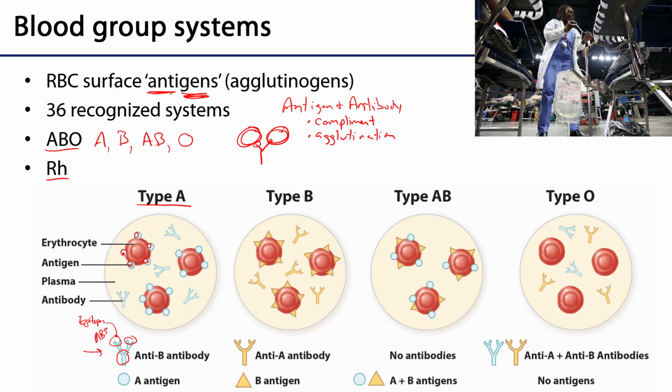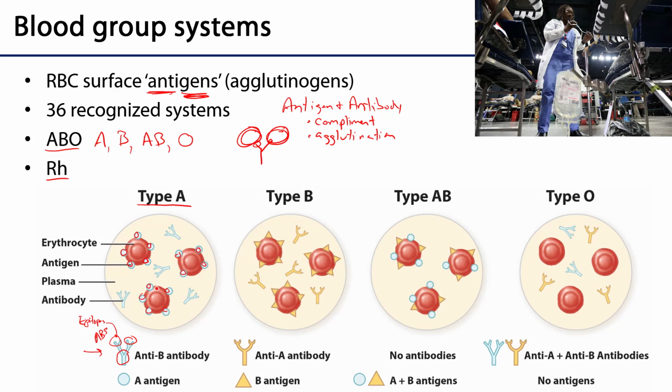And these antigens are actually glycoproteins, so they're associations of proteins and lipids. All of the erythrocytes are covered with these A antigens.